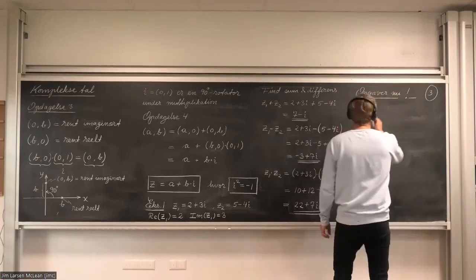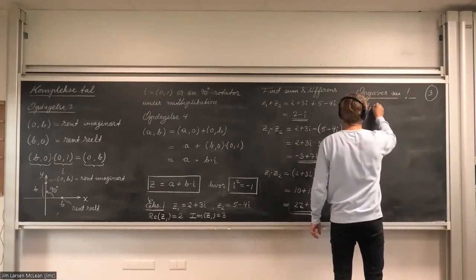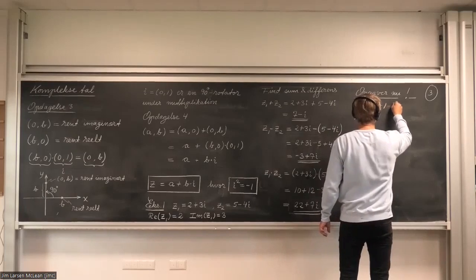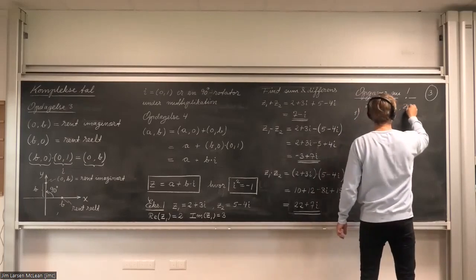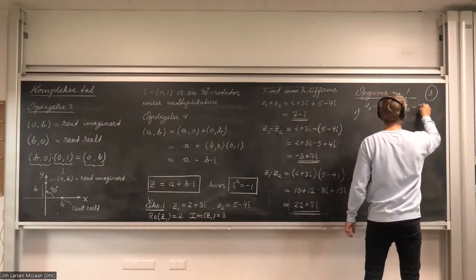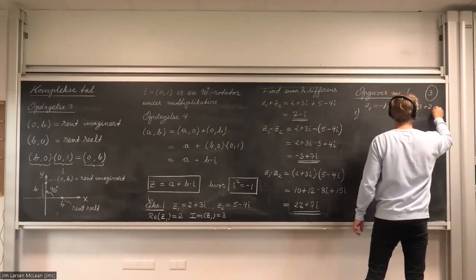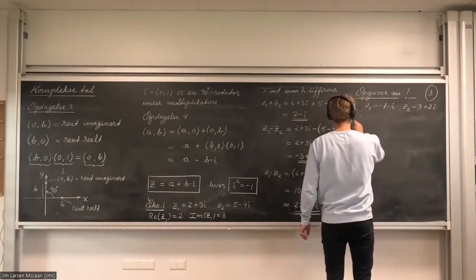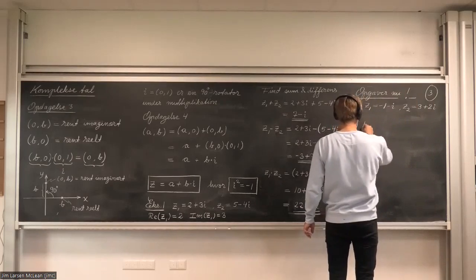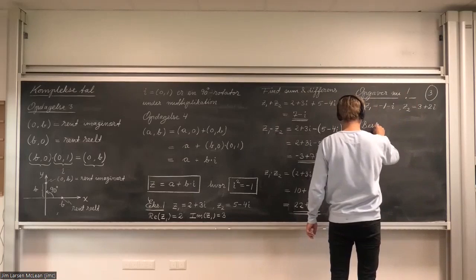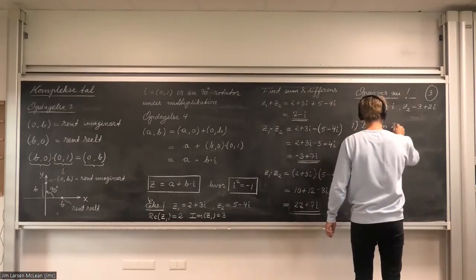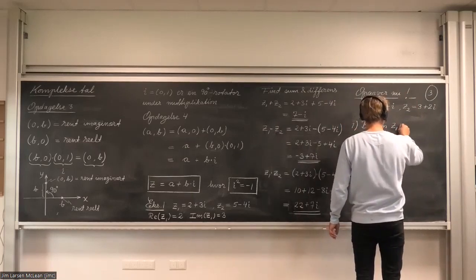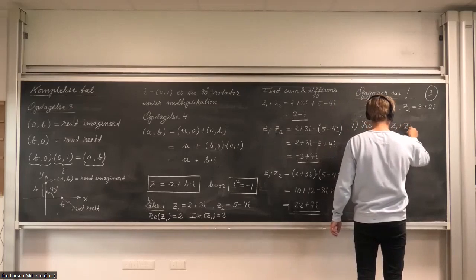Okay, so here you have Z1. It's i, and here you have Z2. It is 3 plus 2i. And you need to determine Z1 plus Z2, all that times Z1.